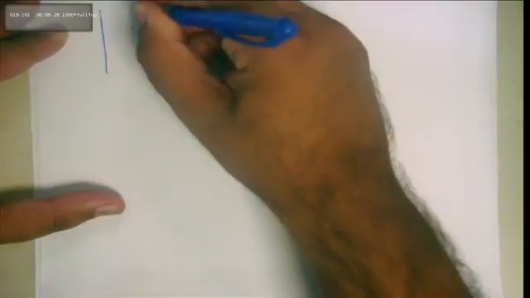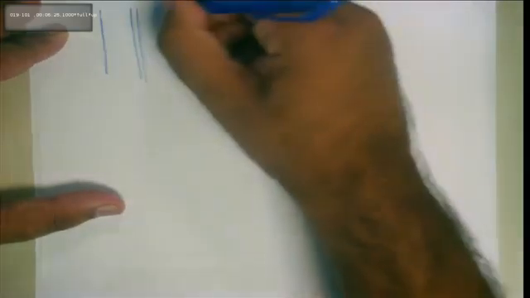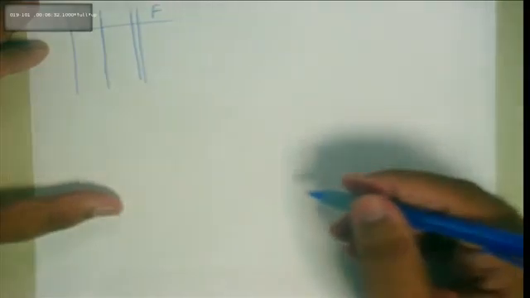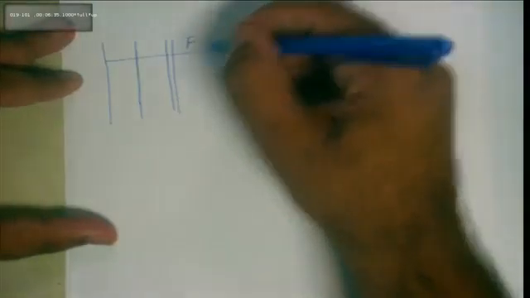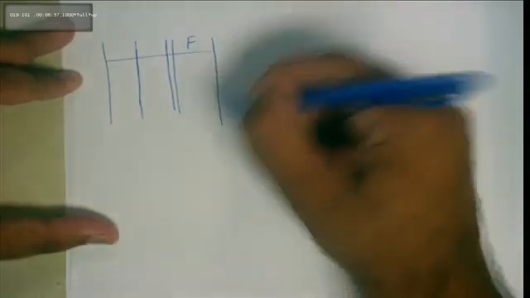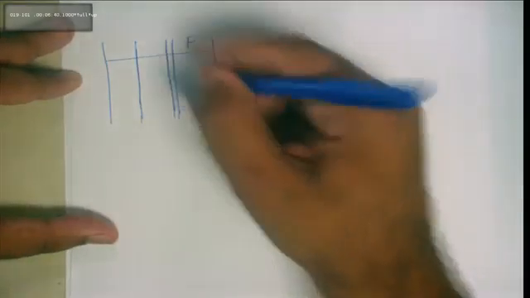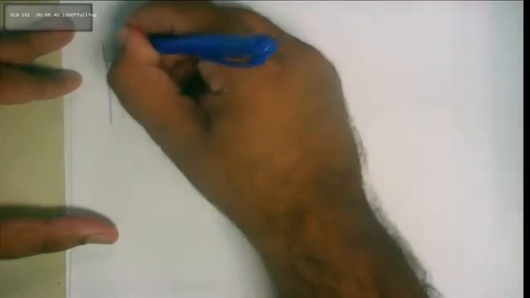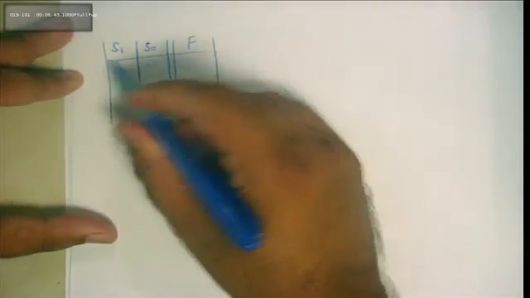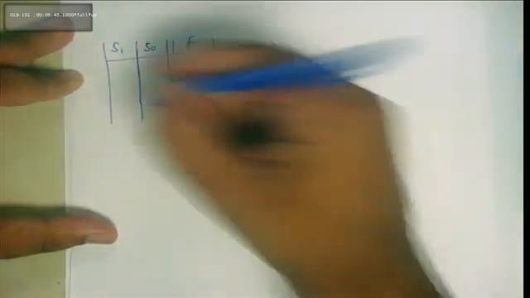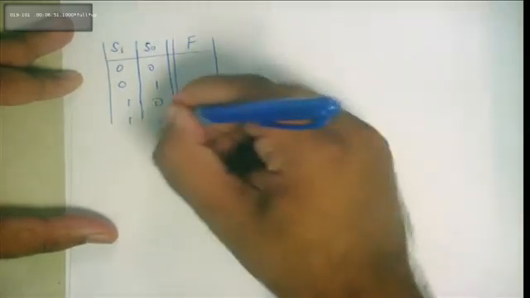You have this output F. Drawing a 64 line truth table is too hard. So we have S0, S1, the least significant selector and most significant selector, 2 selectors, right? So input side 0,0, 0,1, 1,0, 1,1.